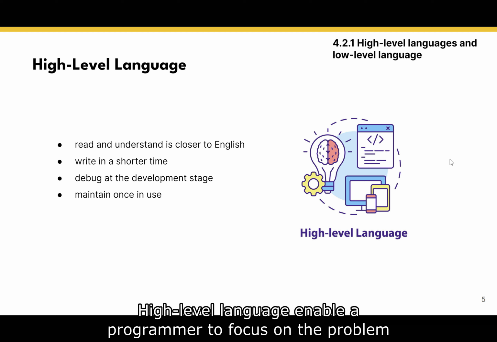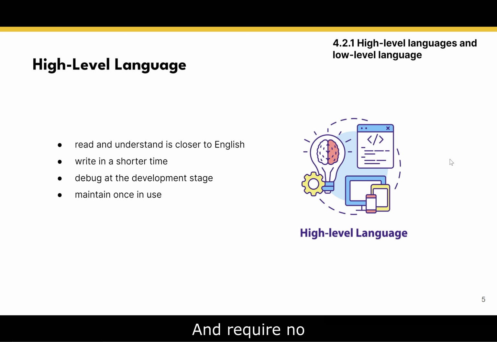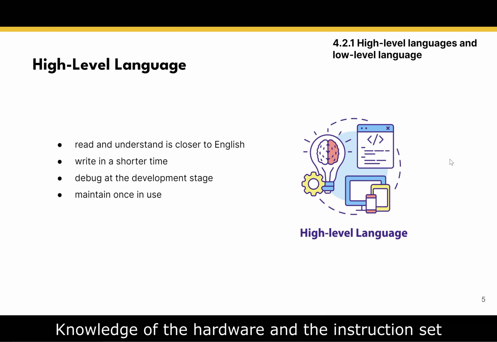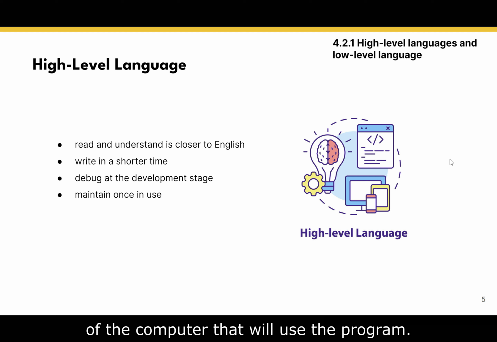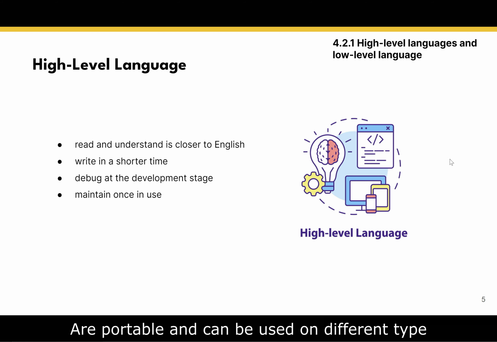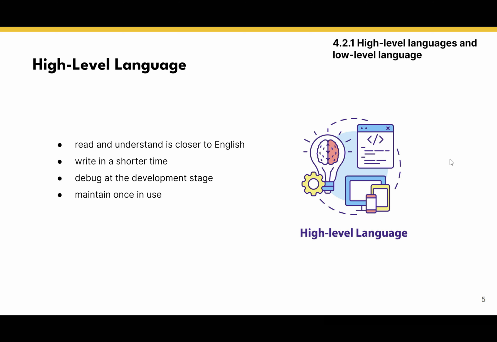High-level languages enable a programmer to focus on the problem to be solved and require no knowledge of the hardware and instruction set of the computer that will use the program. Many high-level programming languages are portable and can be used on different types of computer.